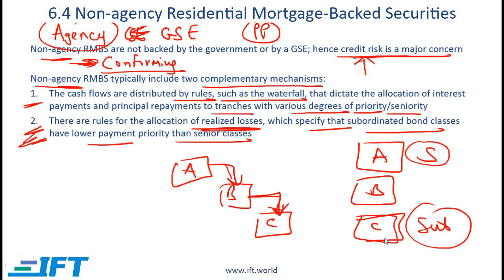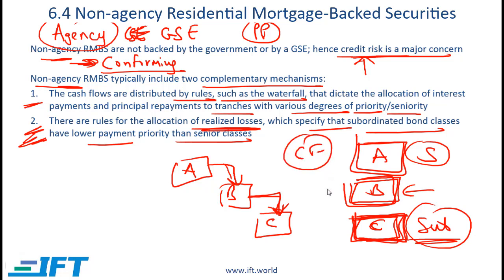We might say that if there are losses, then C will have to absorb the losses first, and then losses will have to be absorbed by bond B, and finally by A.